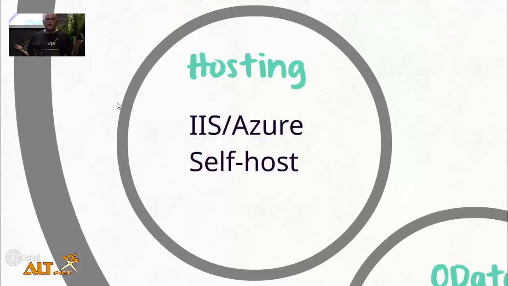We can host in IIS or Azure. We are, from what I understand, one of the largest Azure users in Australia, with many thousands of databases and servers in play in order to host not just the API but AccountRight itself. And we could also self-host.